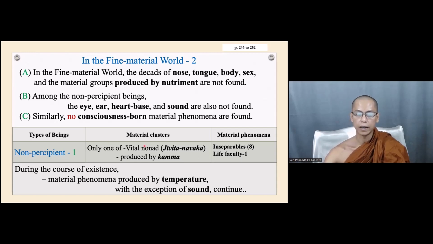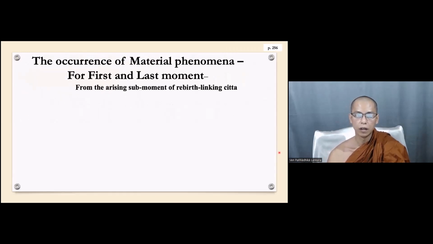That is how we can understand the occurrence of materialities at two moments of beings, in the process of beings. Then we need to study the occurrence of materiality, to collect all the information and connect each other.